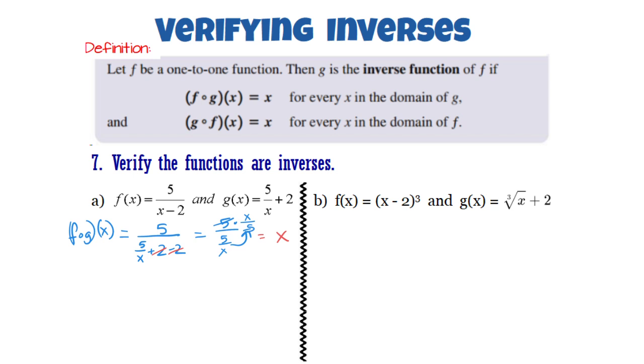Now we've got to go the other way. So now I have to do G of F of X. So now I'm going to start over. I'm going to take the F and put it into the G function. So G looks like this, 5 over, and instead of that X, I put in the F function. And then I'm going to add 2.